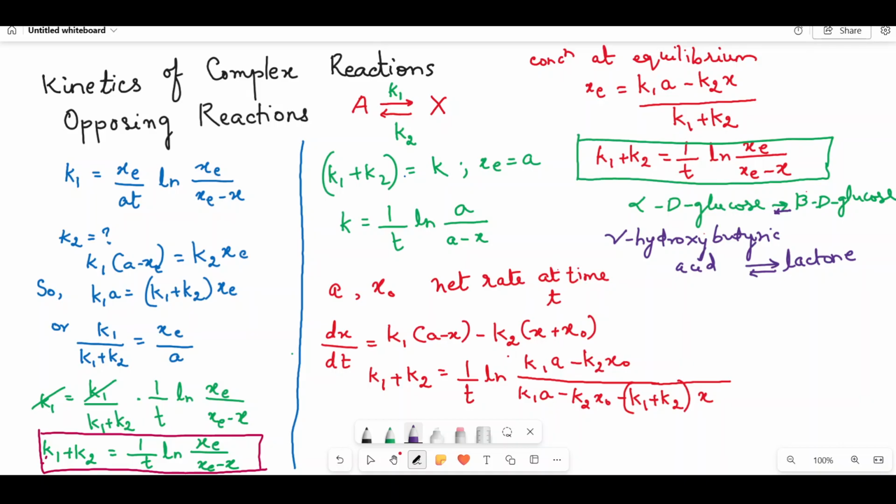One more, the simplest one, is the conversion of ammonium cyanate, NH4CNO, to urea, H2NCONH2. These are the different examples which undergo these opposing kind of reactions.